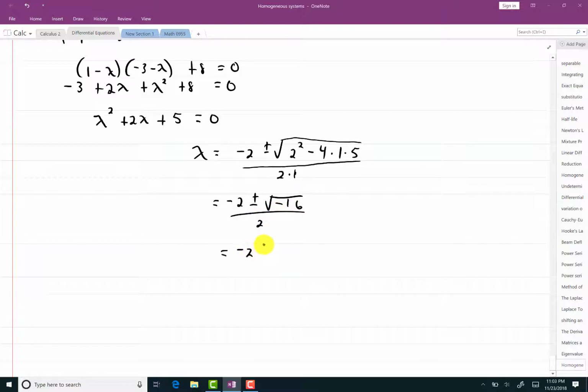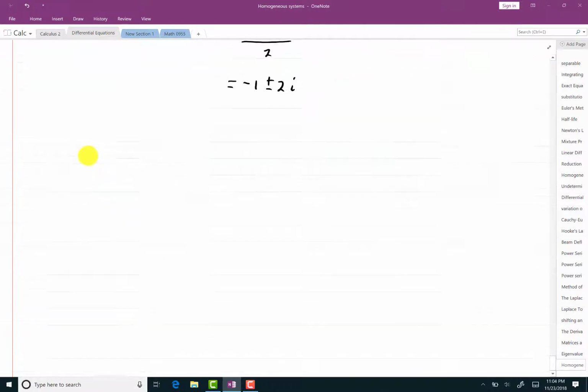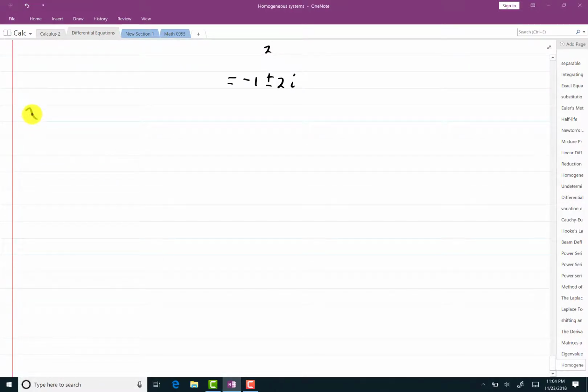That gives me negative 2 plus and minus 4i all over 2. And when I simplify that, I get negative 1 plus and minus 2i. So let's go ahead and work. I do at least have 2 different lambdas, so they'll be able to provide us with all of the solutions. Let's start with lambda 1 equals negative 1 plus 2i.